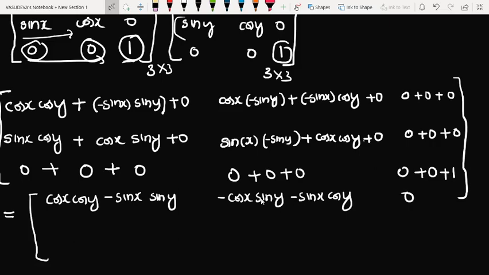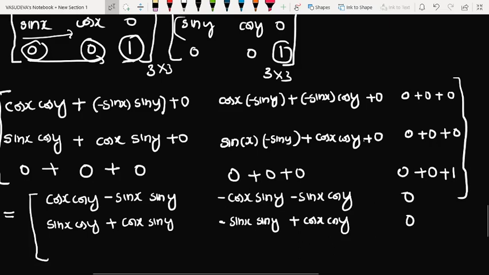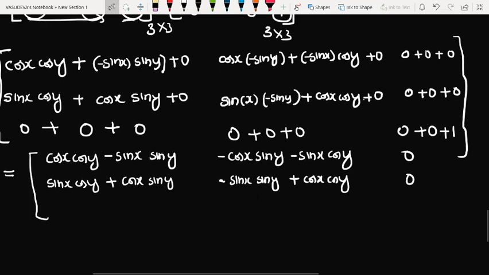This is 0, and this will become sin x into cos y plus cos x into sin y, and this is minus sin x into sin y plus cos x into cos y and 0. Then 0 plus 0 plus 0 is 0, and this is 1.